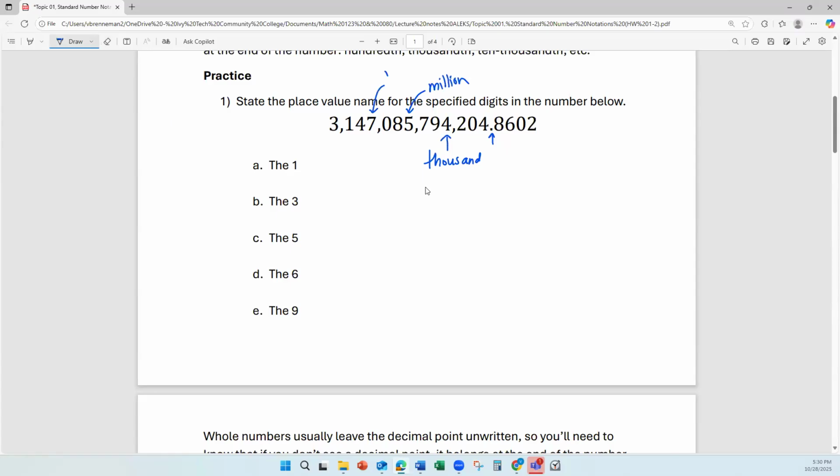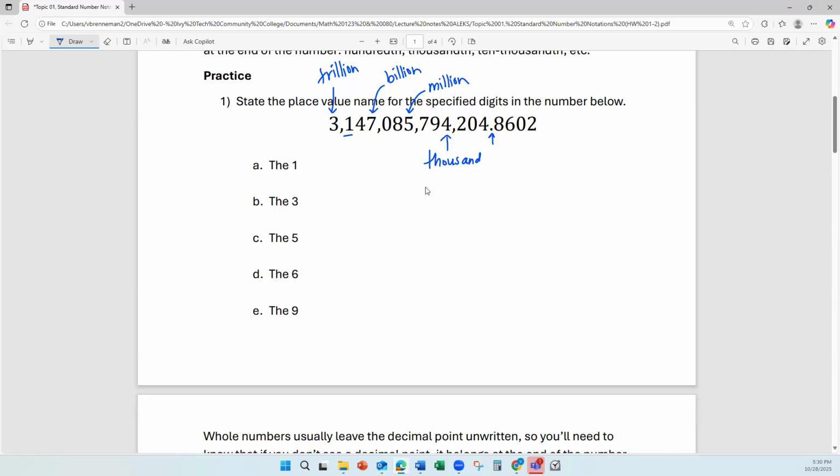Next comma level is the billion. And then the trillion. So if we were reading this whole number, it would be 3,147,085,794,204.8602, or you could say and 8,600 to 10,000, but it's not usually read that way.